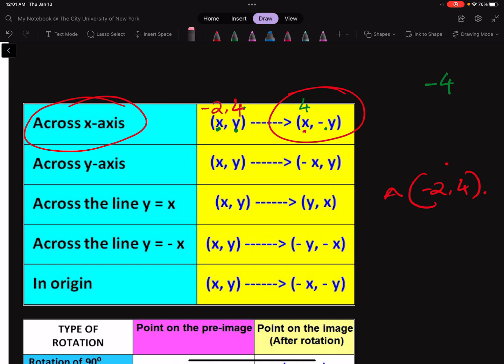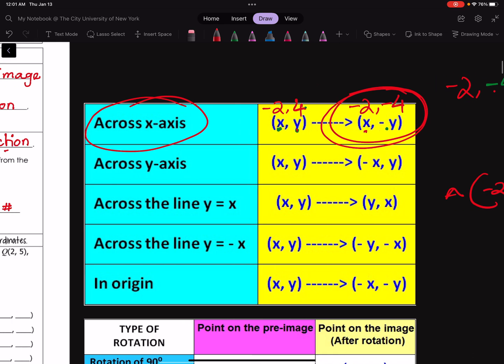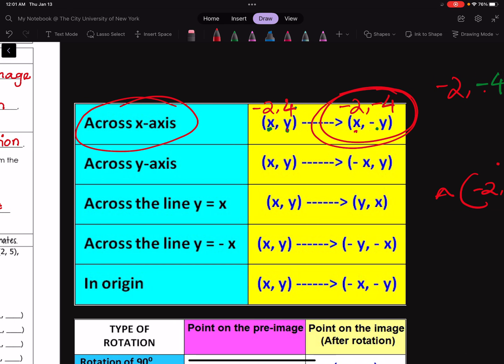Sorry, I'm giving something wrong. Your x remains as it is, so x becomes -2, and your y is 4, so it takes a negative. So it becomes -4. So if a point is given, you'll have to find out what happens once it is reflected through the x-axis.